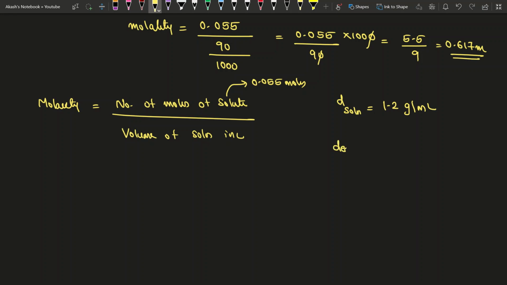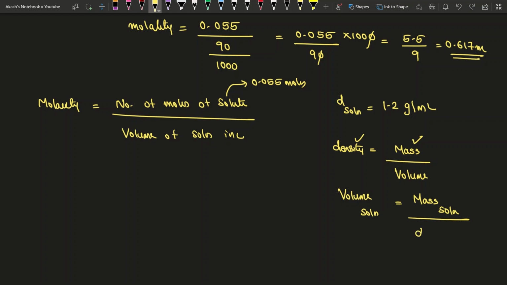What is density? Density is equal to mass by volume. We have the mass of the solution, we have the density, but we don't know the volume. So the volume of the solution is equal to the mass of the solution divided by the density of the solution. What is the mass of the solution? We have taken 100 gram of solution.